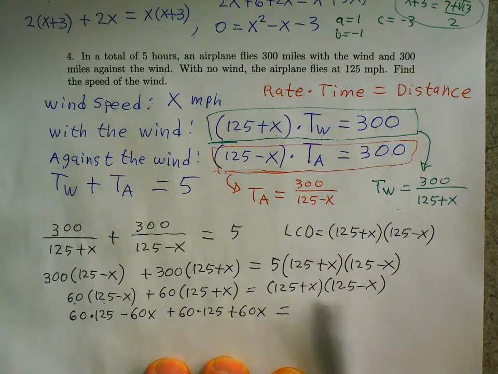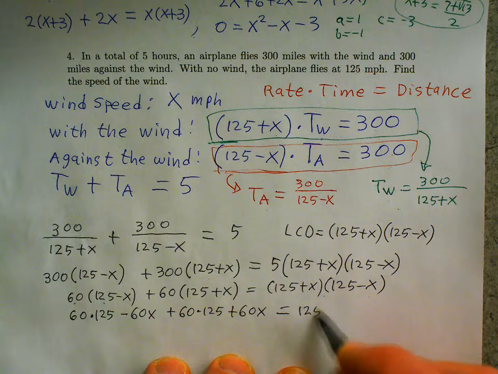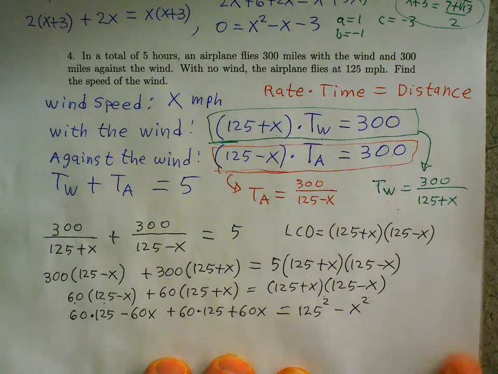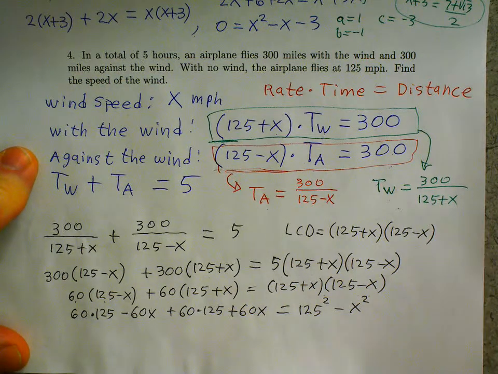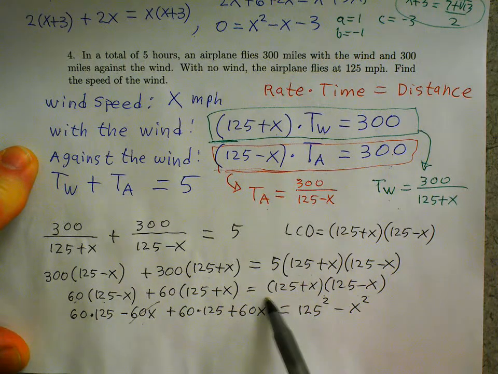So if we were to multiply it out, the minus 125x and the plus 125x add up to 0. So we're just going to get 125 squared minus x squared. On the left-hand side, the minus 60x and the plus 60x add up to 0.